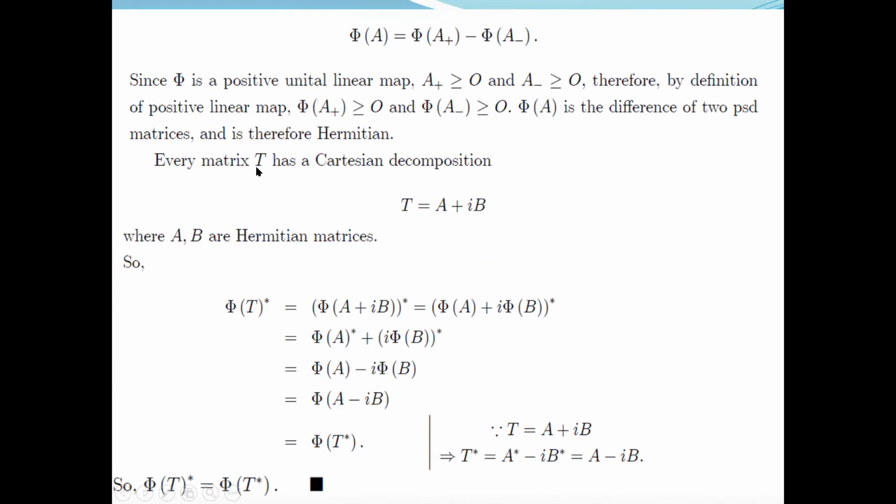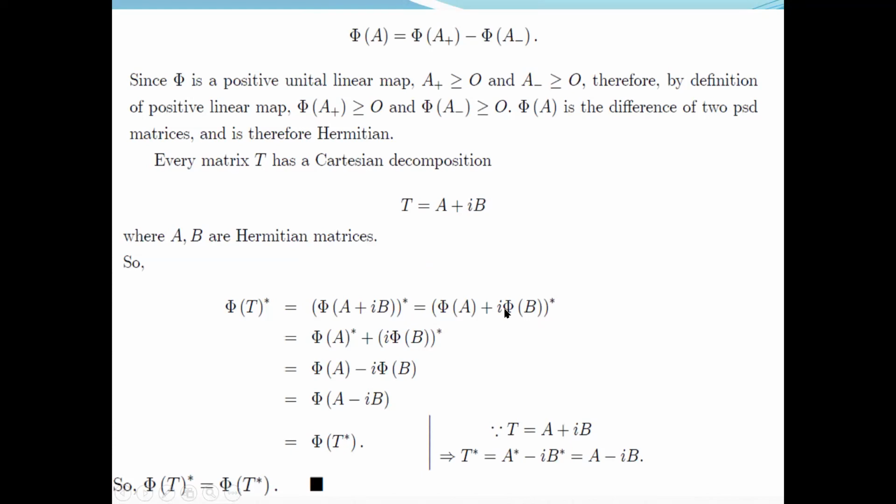Now take the general case. Every matrix T can be written in this form: A plus iota B, where A and B are Hermitian. Here A is T plus T star by 2 and B is T minus T star by 2 iota. Now take phi of T, whole conjugate transpose. Write T as A plus iota B. So phi of A plus iota B, whole conjugate transpose. Use linearity of phi here.